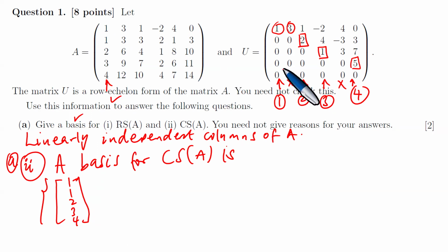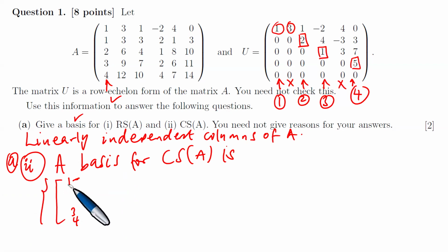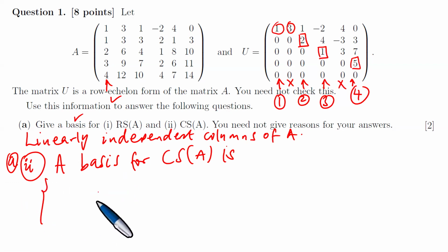So are you saying that I can also put the 1, 0, 0? Yes. But when I was reading my notes, it said that we can't take the row reduced one. We can only take from the original matrix when it comes to the basis of the column space.